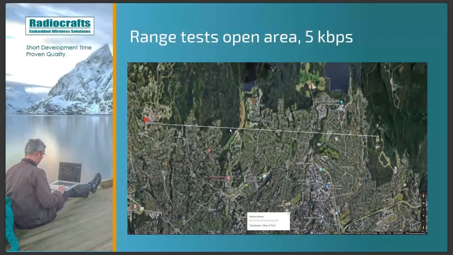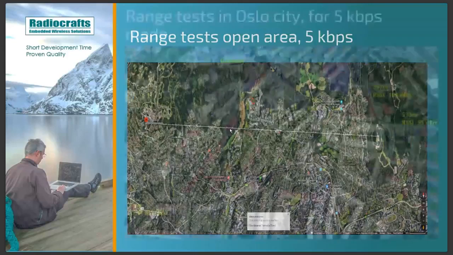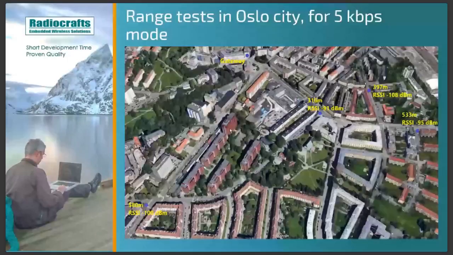But we also did measurements from our office, where we had one device inside. We could have placed the antenna up on the roof, but we didn't, so we could have increased this range slightly. Here, in the left down corner, you see we measured receiving packets well at 580 meters, where we received them at minus 100 dBm.